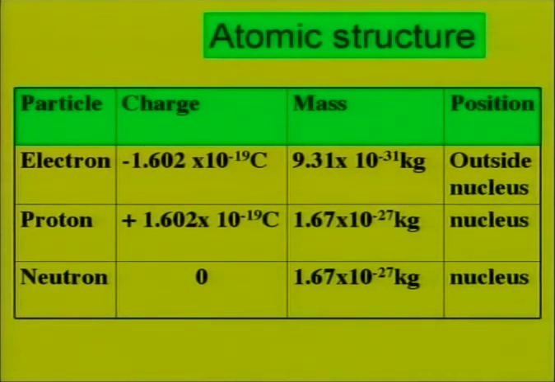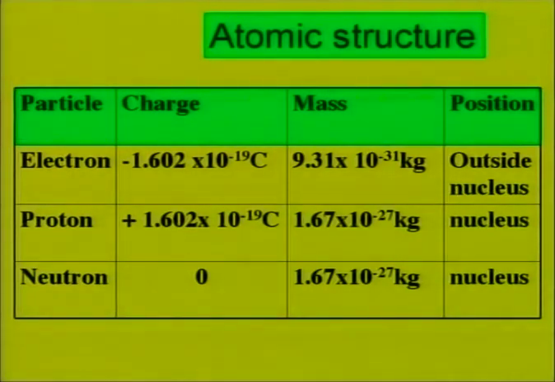All right, looking at the structure we've just seen, the structure of an atom, you find those particles in the atom: the electrons, protons, and the neutrons.